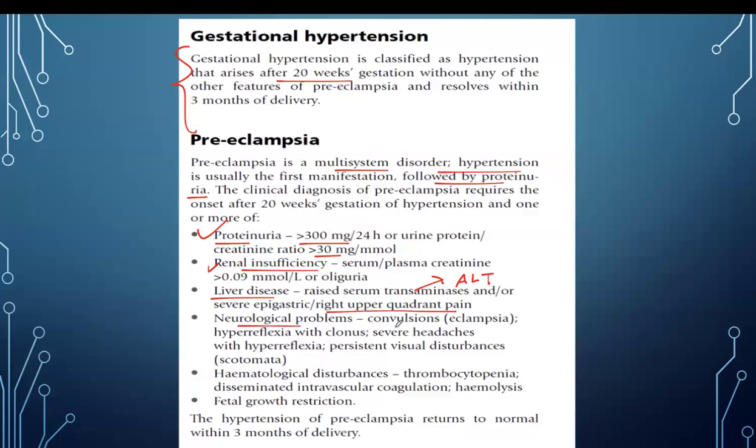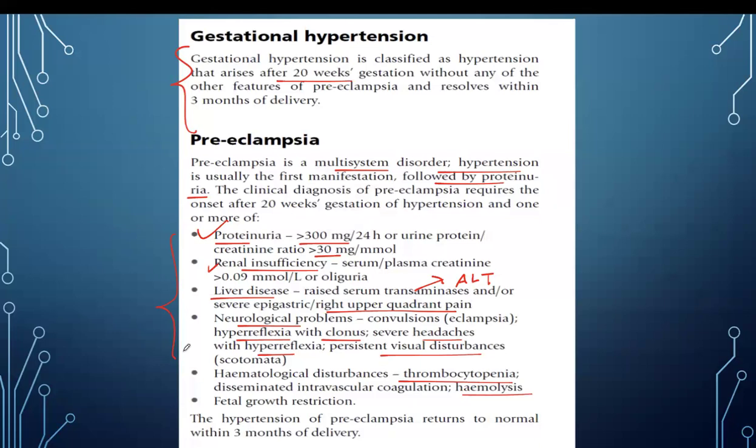Neurological, so the patient can have convulsion, but very important, hyperreflexia, clonus, they can have headache, they can have blurring of vision. They can also have thrombocytopenia and hemolysis. So you can see that it's a multi-system disorder, not just hypertension and proteinuria. These patients can have renal failure, liver impairment, neurological problems, and hematological problems.